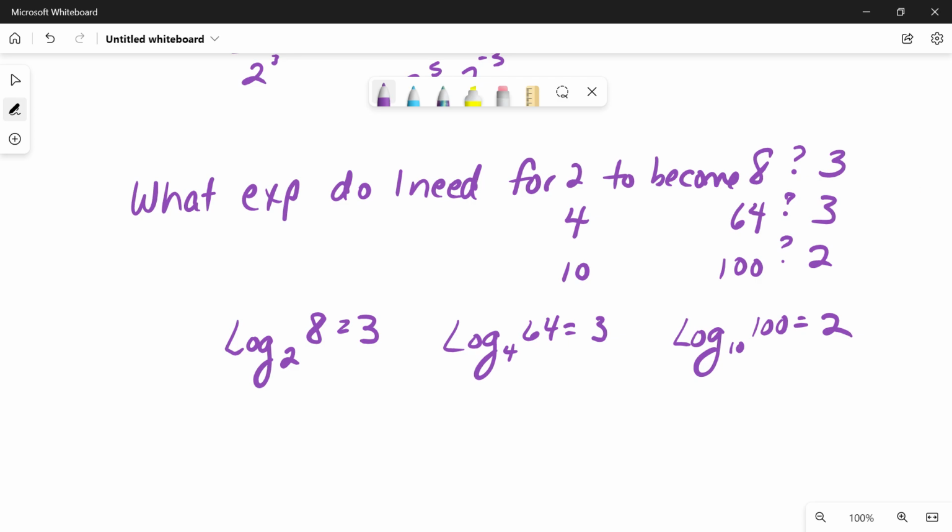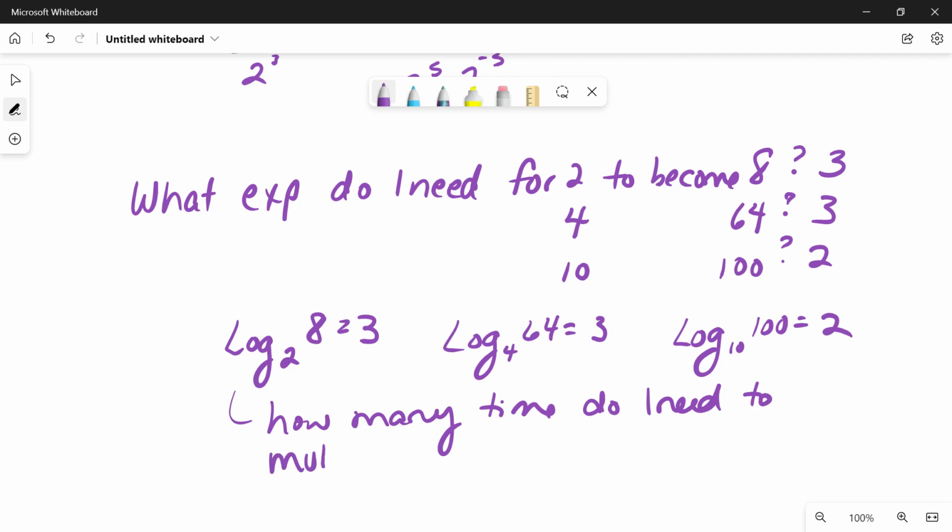How many times do I need to multiply 2 to get 8? That's what I'm asking. I need to multiply it 3 times.